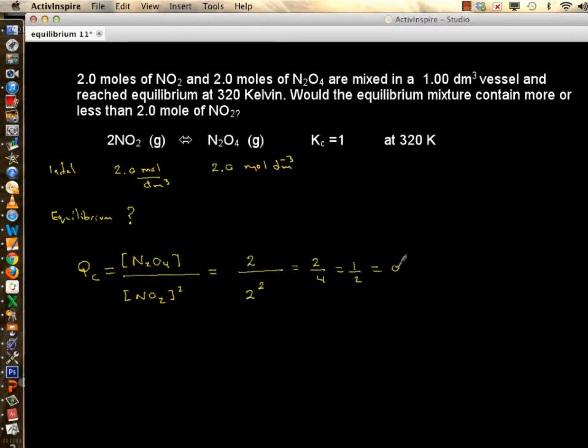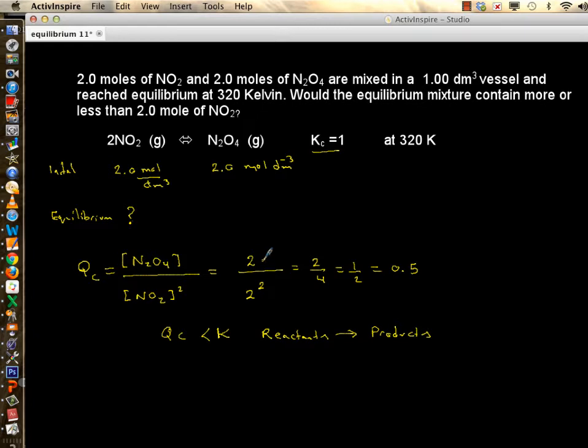So initially I have 2 divided by 2 squared, which is 2 divided by 4, which is 1 divided by 2, and it's 0.5. Now this is a case where Kc is 1 and Qc is less than Kc. So what you're trying to do is go from reactants to products. So you still haven't reached equilibrium. This is a case where reactants are going toward products.